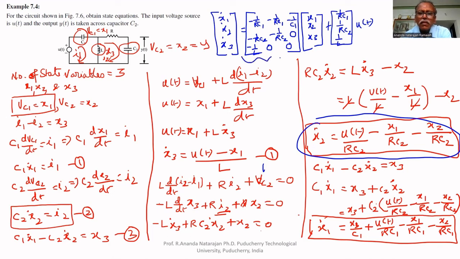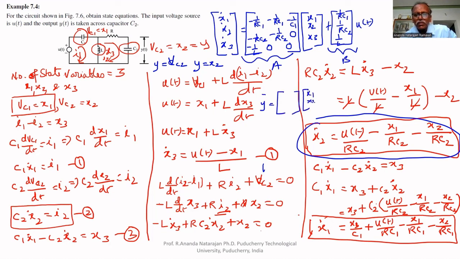This is the A matrix. This is the B matrix. What is y? y equal to VC2, that is y equal to x2. That is the equation. If you put it in matrix form, y equal to [0 1 0] times x1, x2, x3, plus the D matrix, which is 0.